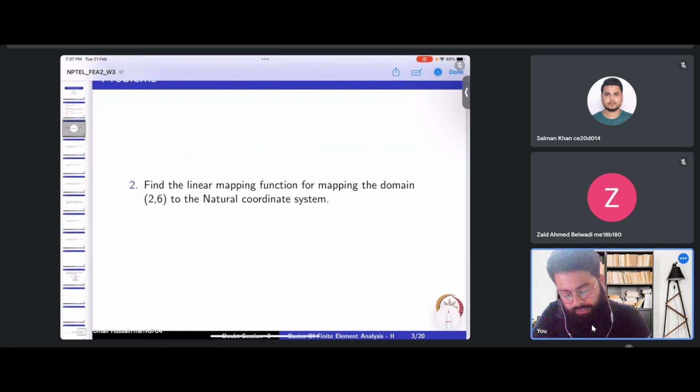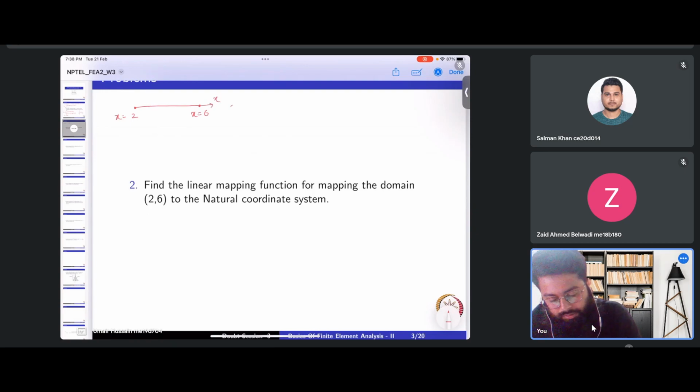You need to find the linear mapping function for mapping the domain 2 to 6 to the natural coordinate system. So we have our domain here. We have an element here, with x equals 2 at one end and x equals 6 at the other.